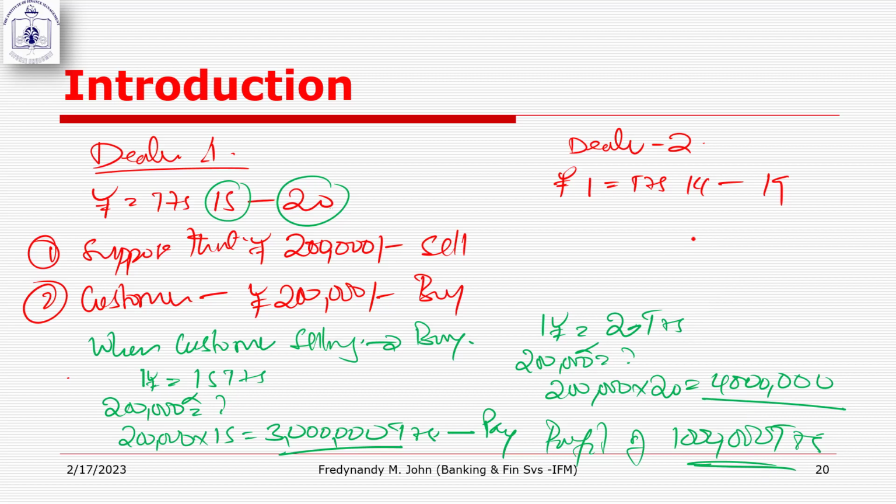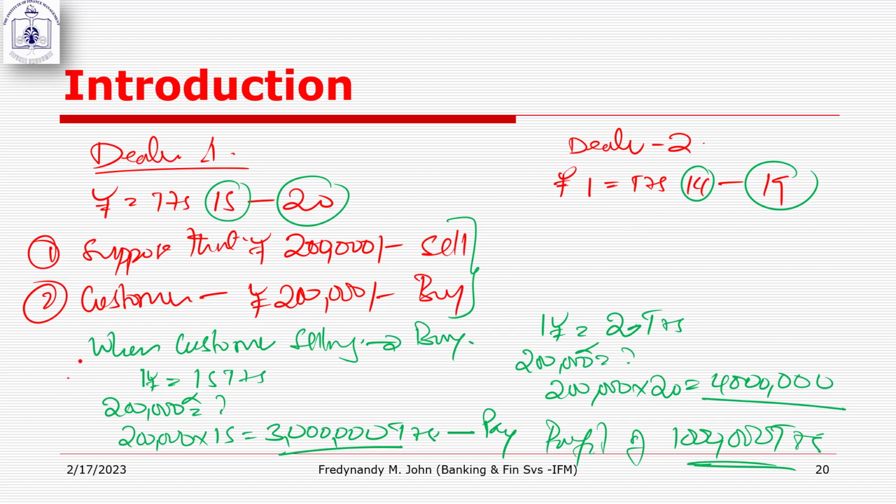What about dealer 2? Dealer 2 announces that he is willing to buy 1 unit of Japanese yen at 14 and sell at 19. So assuming the same scenario happens to dealer 2, what profit will he make? It's simple.